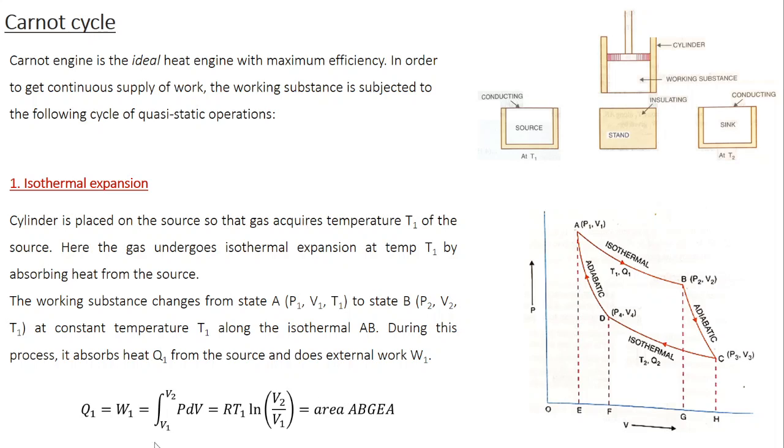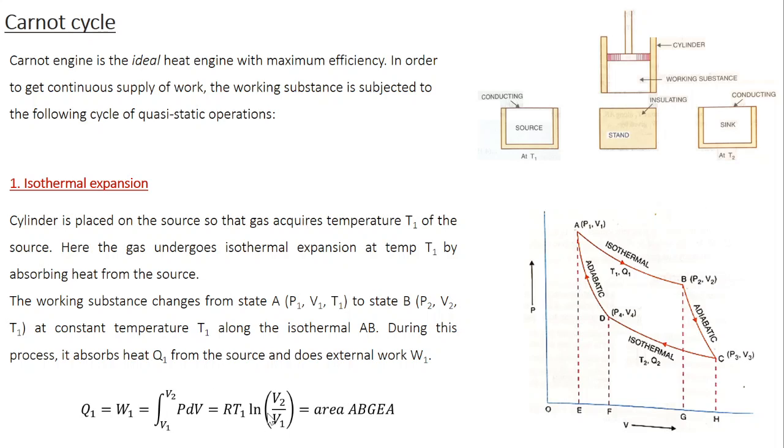And what is the work done? We have derived an expression for work done during an isothermal process. If we call the work done W1, this is going to be the integral from V1 to V2 of PdV, and the final result is going to be RT1 ln V2 by V1. We have done this derivation in the previous class, so I'm skipping the intermediate steps.